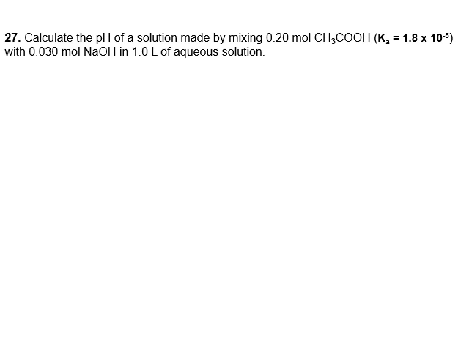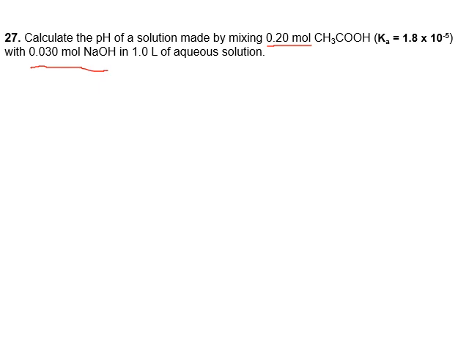Okay, and then this last one, I think this is the last one. We're going to end up here with, again, we've added, notice, we started with 0.2 moles of the acetic acid, and we've added 0.03 moles of NaOH.